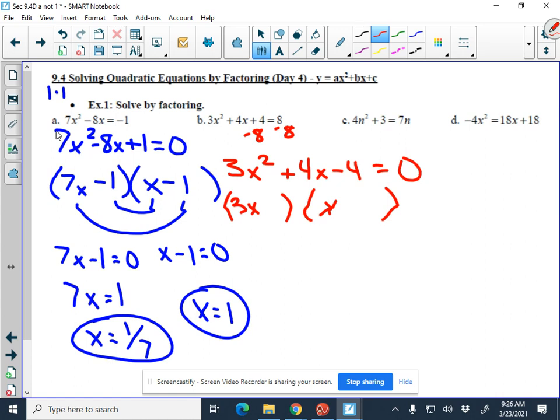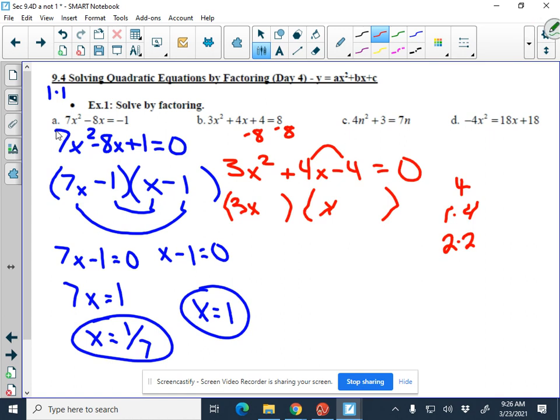Now, they have to subtract to get 4, but it's not as easy as it was before. It's not like yesterday. The 4 can be 1 times 4, it can be 2 times 2. So this goes back, I usually start with the closest pair, and it's what we call guess and check.